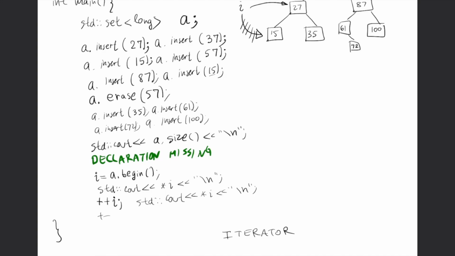If we do this again, plus plus I, we will see 35. And now we are ready for that missing declaration.